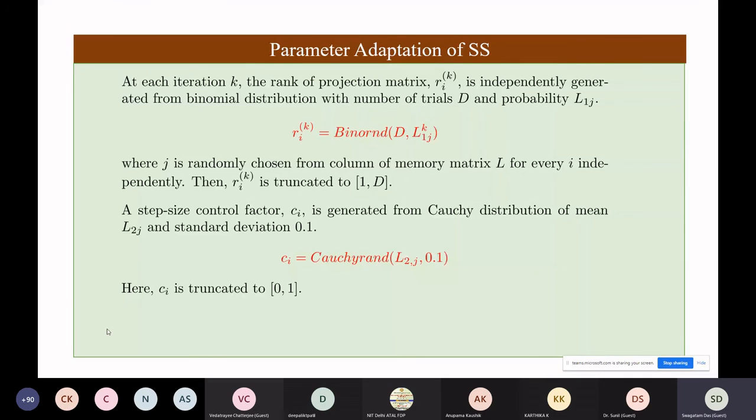What we could do is see that the adaptation of SS parameters is very easy. At each iteration, the rank of the projection matrix is governed by Ri. We can choose this Ri as a binomially distributed random number, because it is like whether a diagonal element will be 0 or 1.